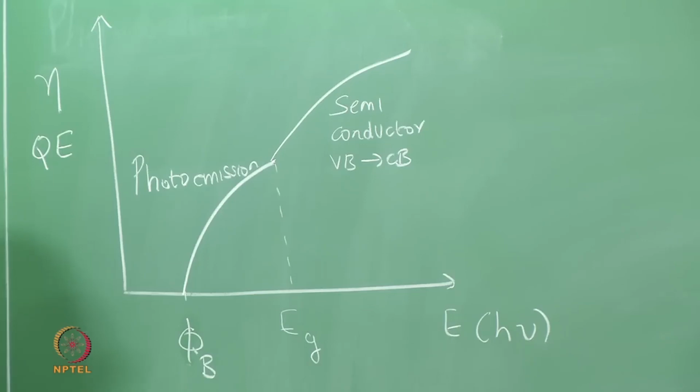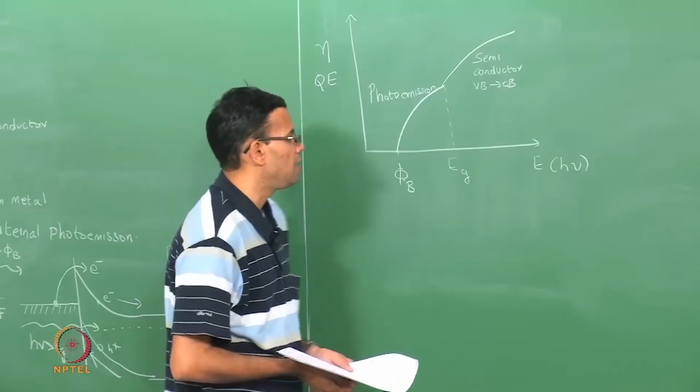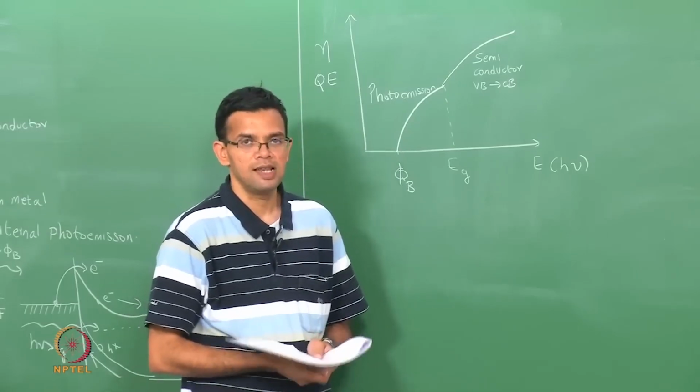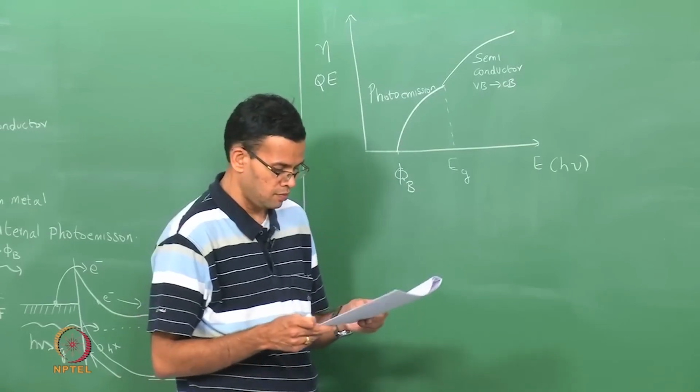Usually, instead of using metals, you can also use silicides. For example, if you have platinum, you could have platinum silicide forming a junction with silicon, and that can be used as a photodetector.